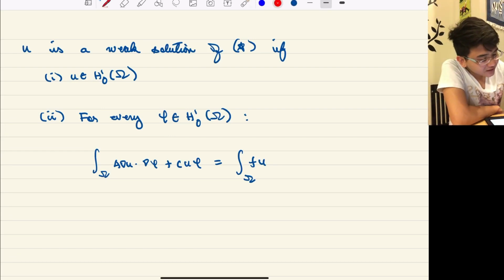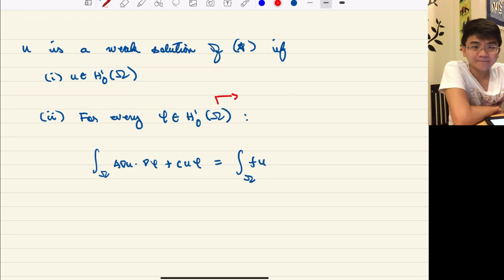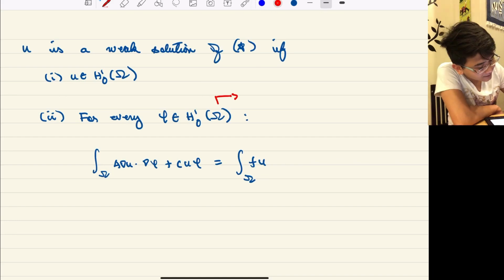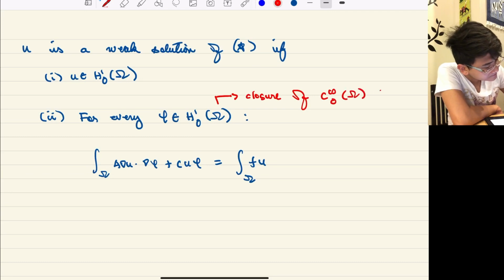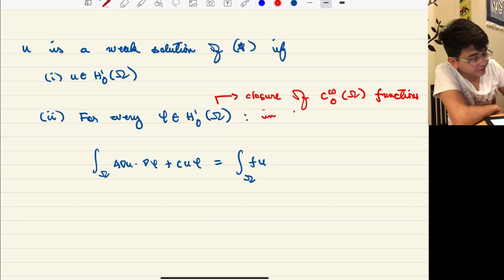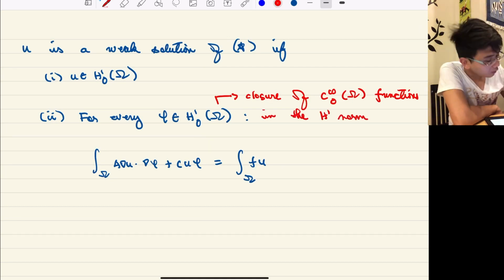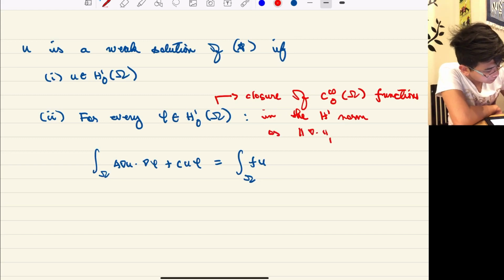Now, H^1_0 can also be characterized as the closure of C infinity 0 functions in the H1 norm, or in this norm, grad of something in L2.